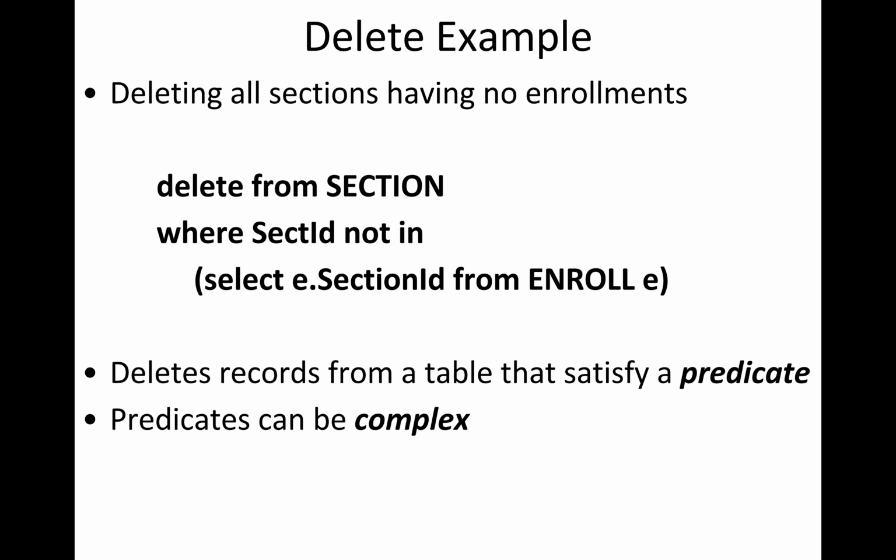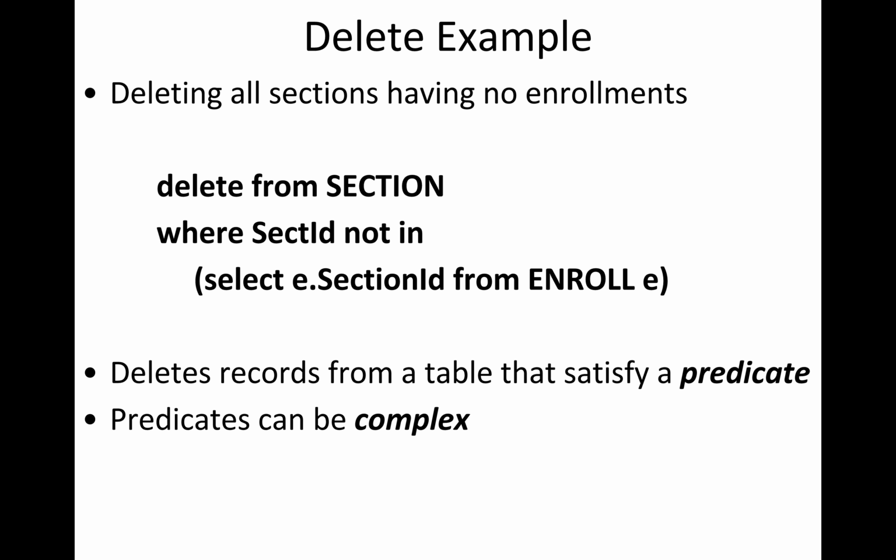The inner select statement is selecting all the section IDs that are in the enrollment table, but there are probably more sections that are not in the enrollment table, right? So the section table might have, maybe 10% of those sections don't appear in the enrollment table. So we want to know those, right? So we can use a not in operator.